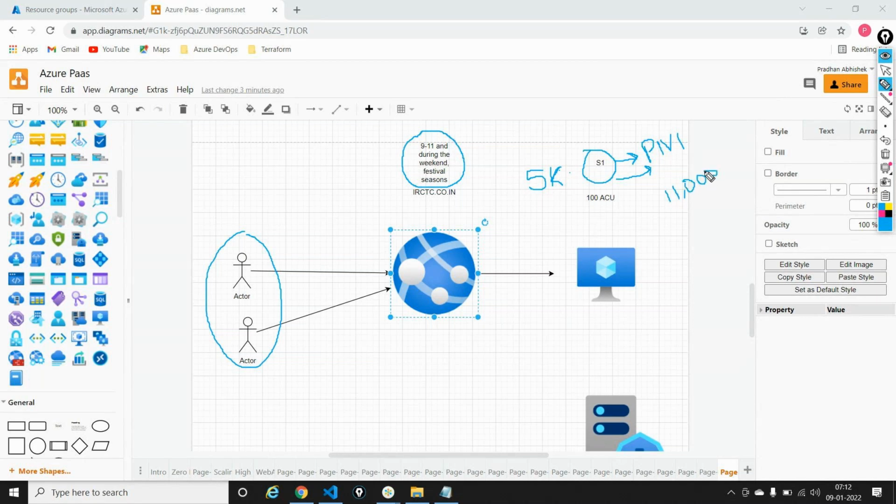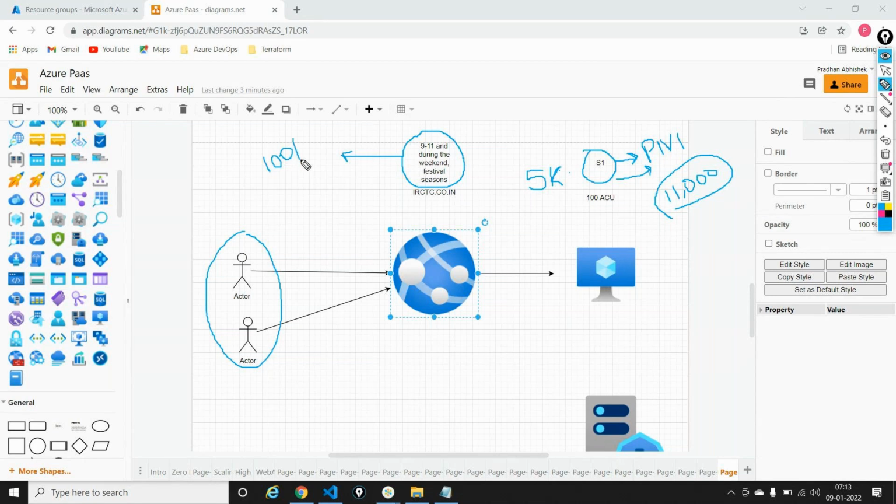So government says, okay, fine, I'll pay this amount. You can give me the 400 ACU capacity and everything. But what about the off hours, wherein there are only 100 users per second?